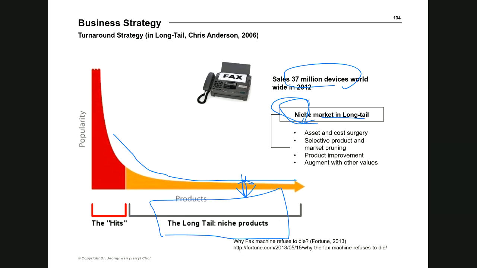It's necessary. So if we can think strategically, maybe we can try to monopolize a certain specific niche market. Then we can maximize our profit through our competitive advantage of differentiation and cost leadership.